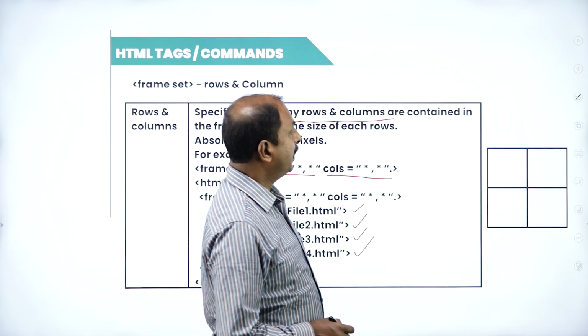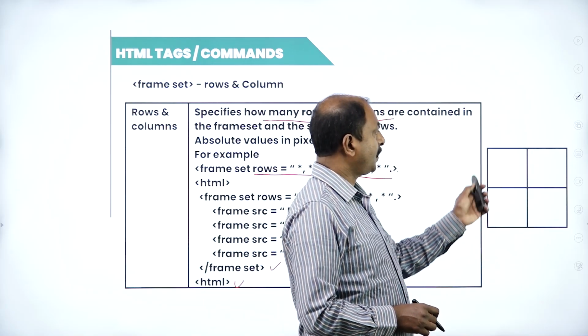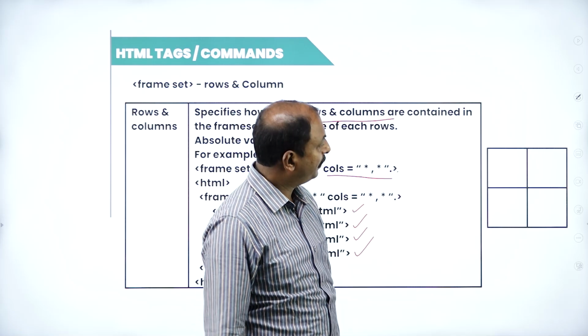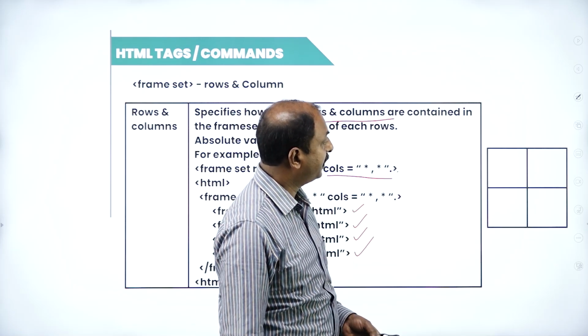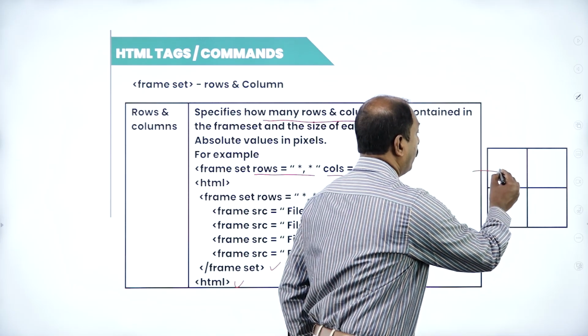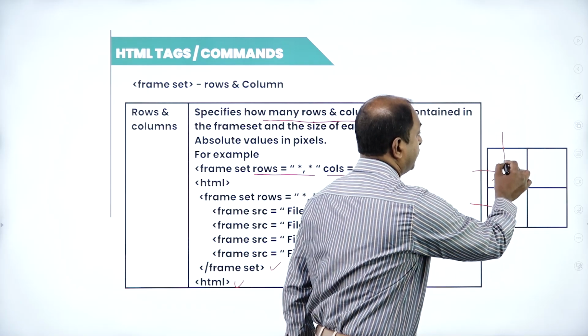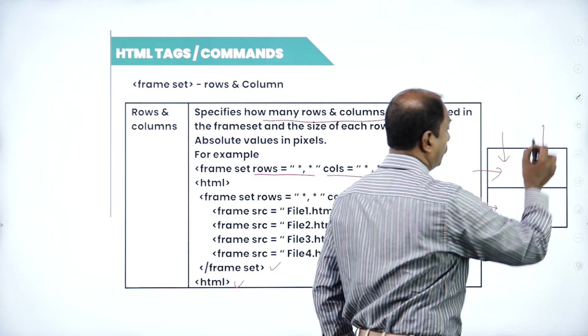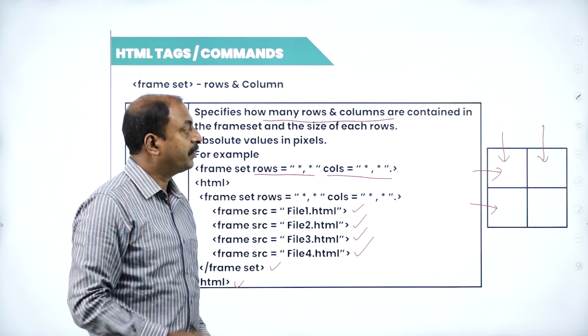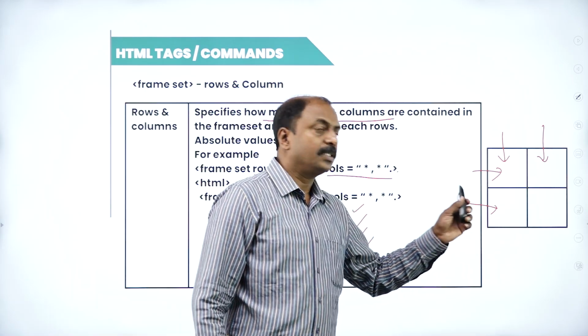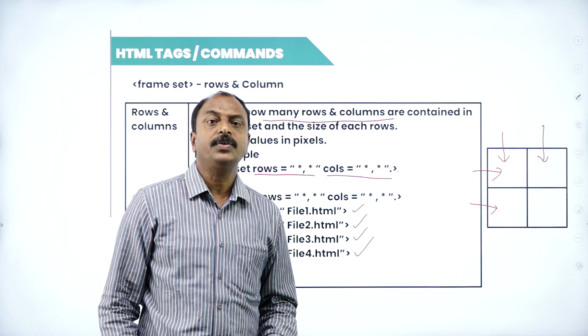So this will be the output for this particular HTML code. This is row 1 and row 2, and this is column 1 and column 2. With this syntax, we have created 4 sections in a web page in the form of 2 rows and 2 columns.